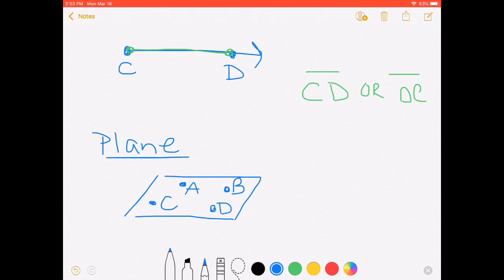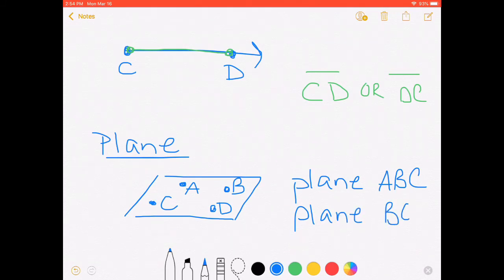For example, if we have this plane with points A, B, C, and D on it, we could call this plane ABC, and you just write all 3 letters right next to each other. Or you could name it plane BCD, or you get the idea. Any 3 letters that are on that plane can be used to name that plane.